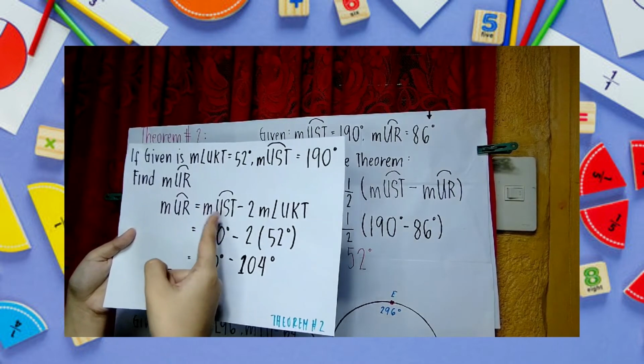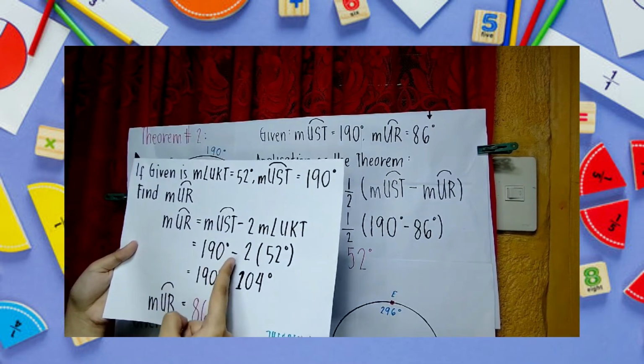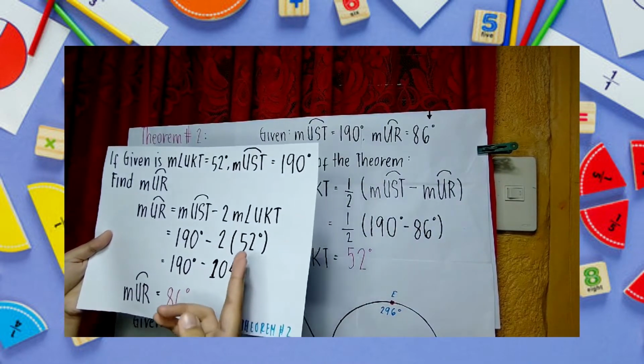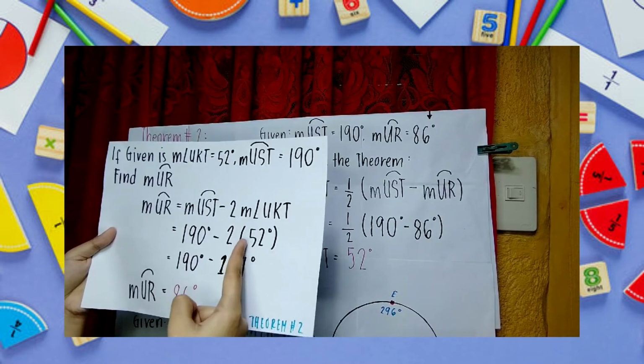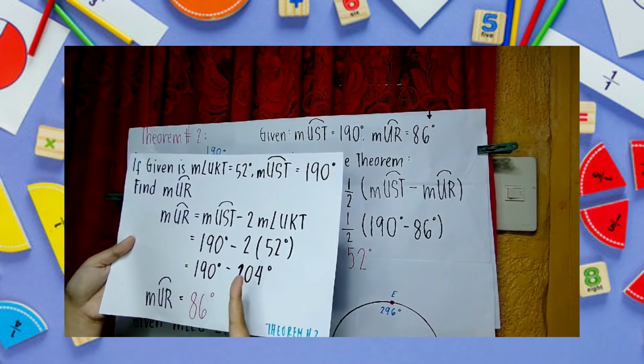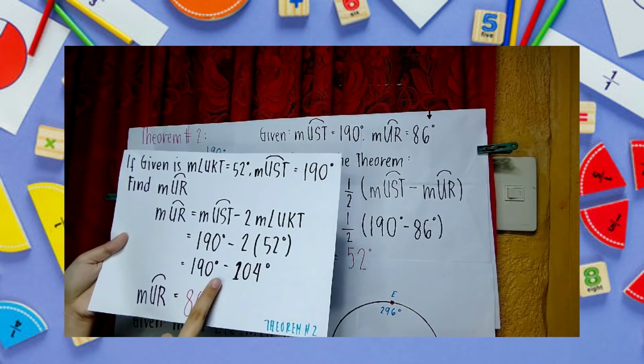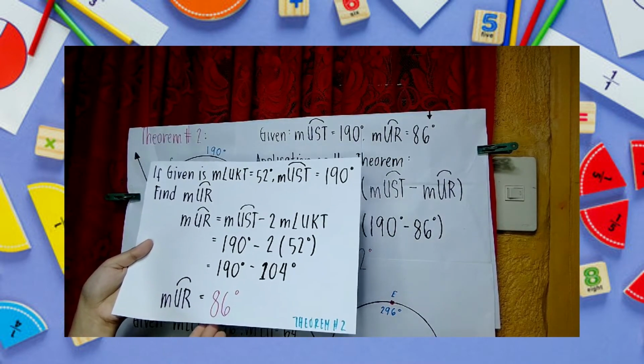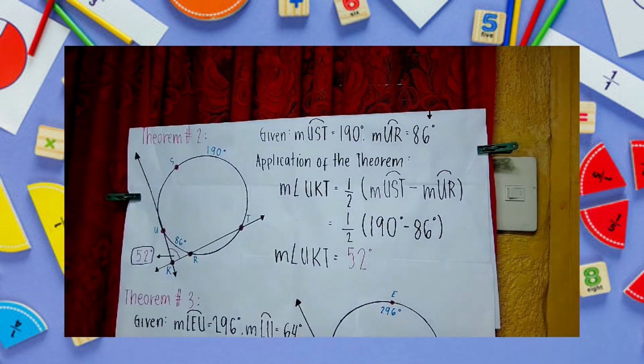So RQST is equal to 190 minus 2 times 52. MDAS rule, multiply first. 52 times 2 is equal to 104. Then, 190 minus 104 is equal to 86. And now, the measure of arc RQR is equal to 86 degrees.